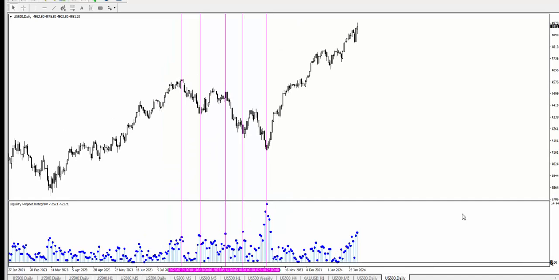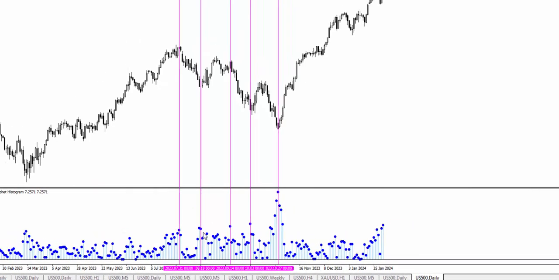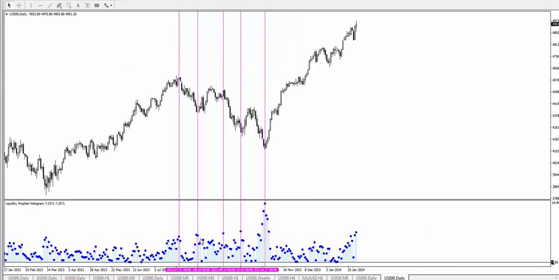Because the histogram is calculating liquidity, mathematically it's always the same. So if you get a level of liquidity at that point there and you come along and you find another level of liquidity at the same point, mathematically those two levels are the same. So if we're looking for reversals in the market, what we need to do is go back into the past and then find the levels of liquidity based on the histogram where the market turned previously.